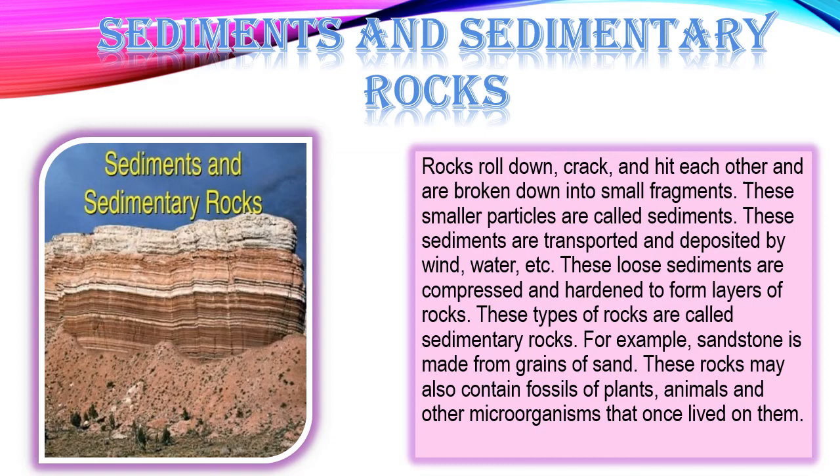These sediments are transported and deposited by wind, water, etc. These loose sediments are compressed and hardened to form layers of rocks. These types of rocks are called sedimentary rocks. For example, sandstone is made from grains of sand, and these rocks may also contain fossils of plants, animals and other microorganisms that once lived on them.